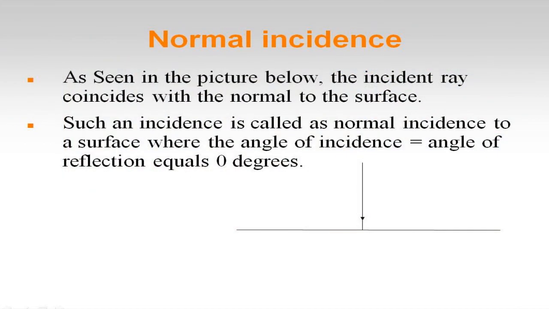Okay. Let me introduce one more concept called normal incidence. What is normal incidence? Normal incidence is when a ray of light is falling on the surface along the normal or parallel to the normal.